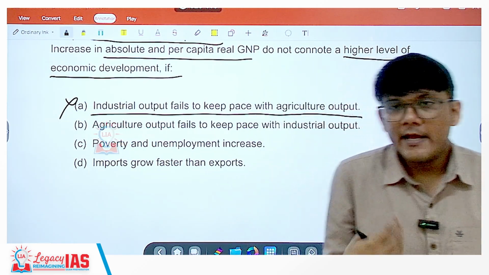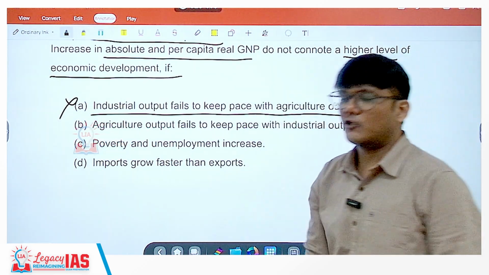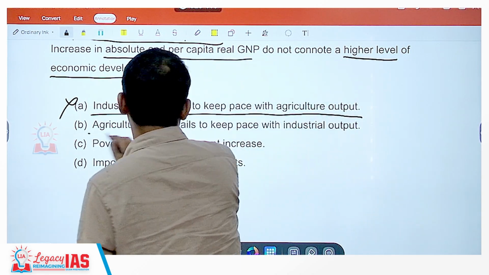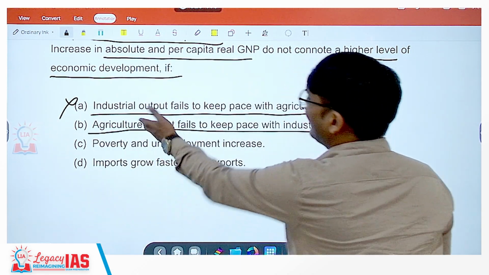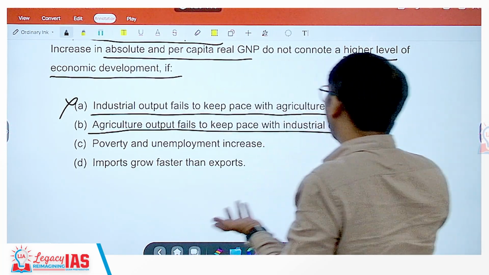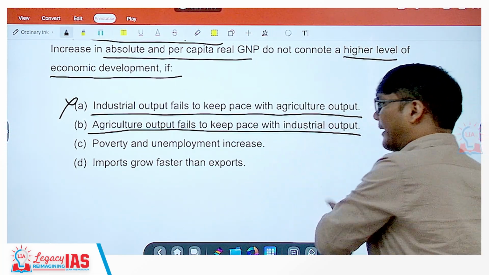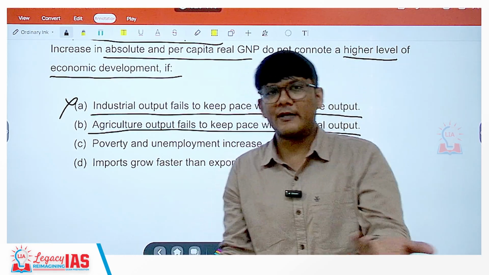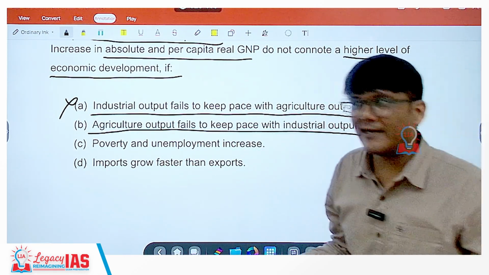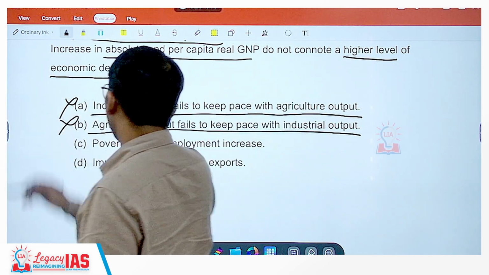Economic development is related to socio-economic issues, poverty, illiteracy, unemployment, so on and so forth. Agriculture output fails to keep pace with industrial output is the same sentence in a different manner. Since the statements are same, both cannot be correct. So anyhow, this would also be wrong.